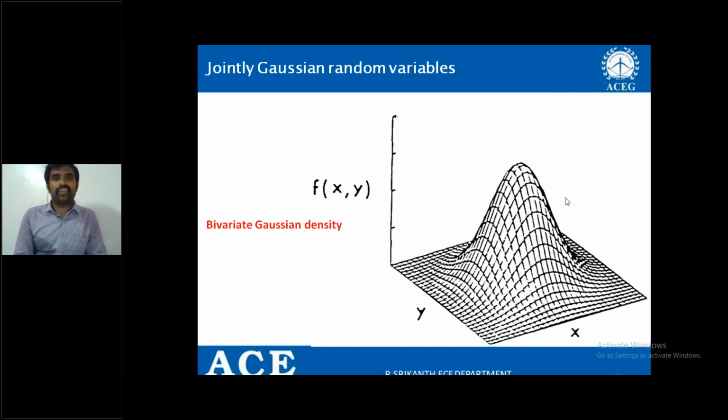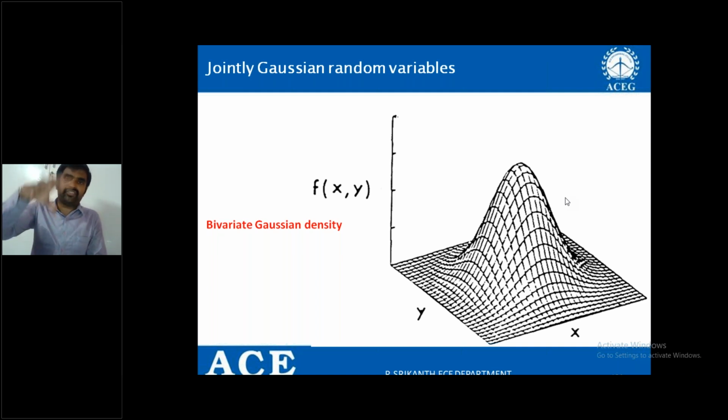You can see the graphical representation of every density function we have discussed so far, maybe Rayleigh, Gaussian or exponential density function in the case of single random variables, and for multiple random variables, the jointly Gaussian density function for two random variables, that is, the bivariate Gaussian density.